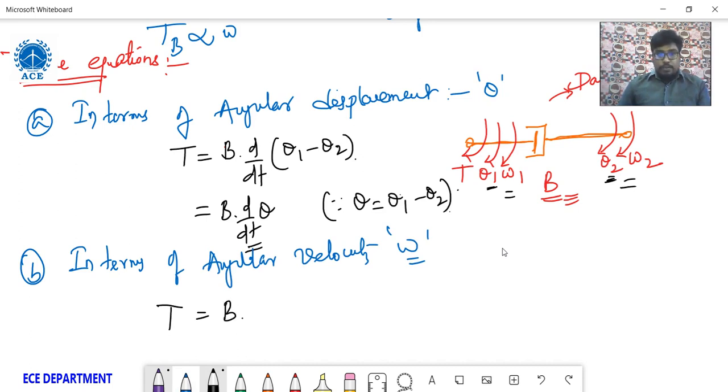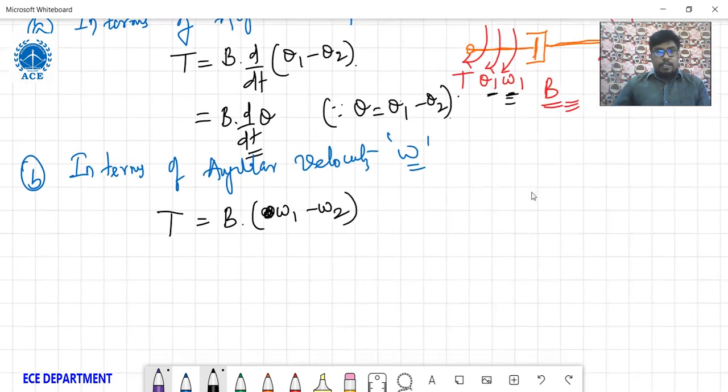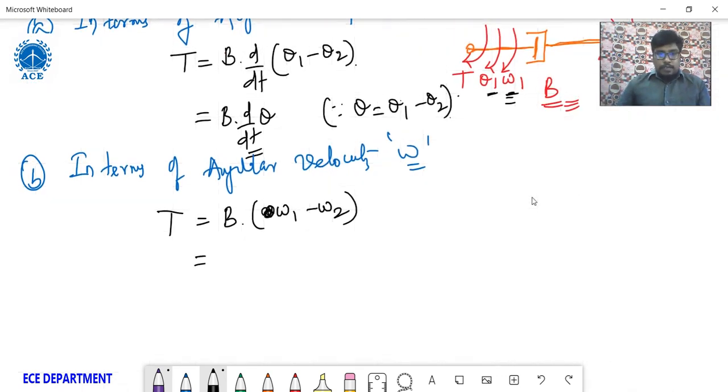T is equal to B into omega, where omega is equal to omega 1 minus omega 2.